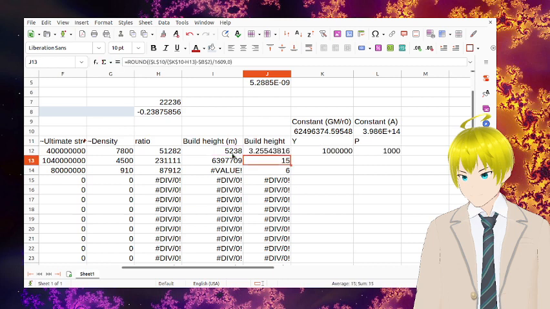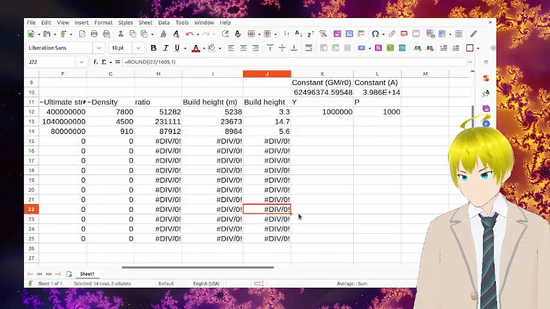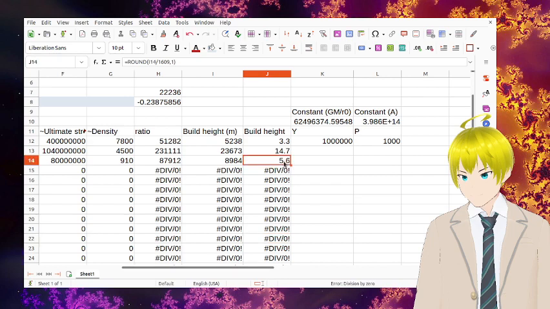Yeah. I'll round it, of course, to 1 decimal place. It should carry downward. There we go. Looks pretty good. So the build height for this one is 5.6 miles.